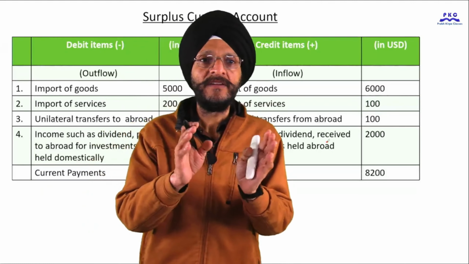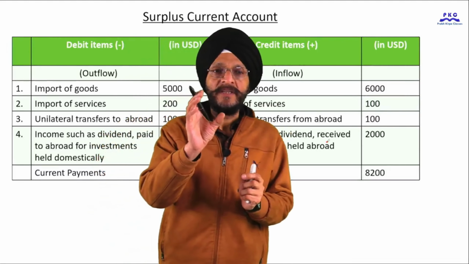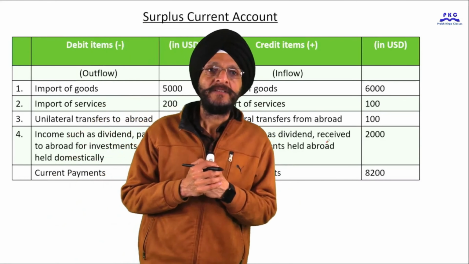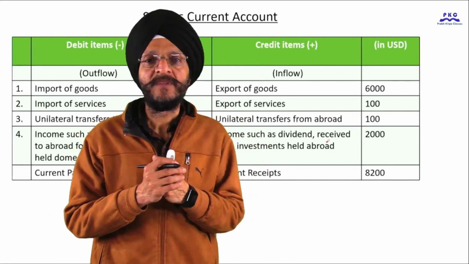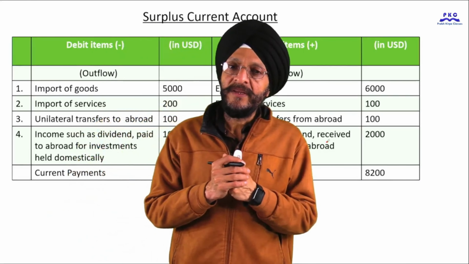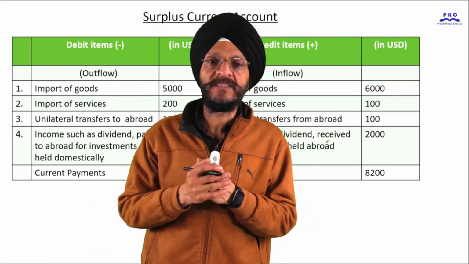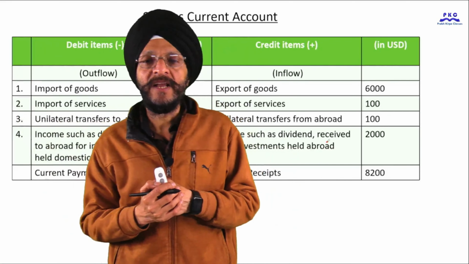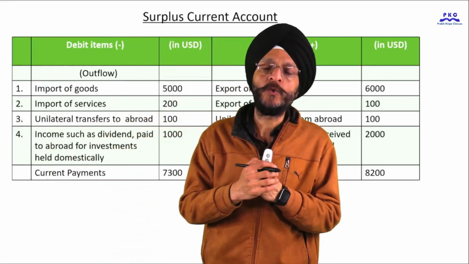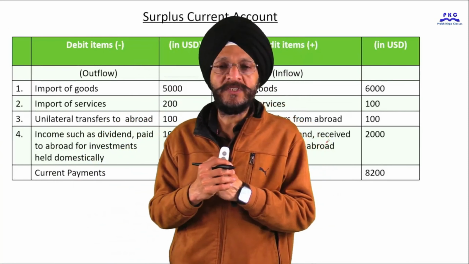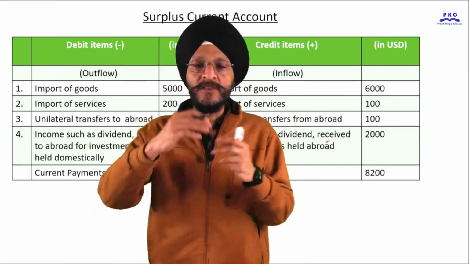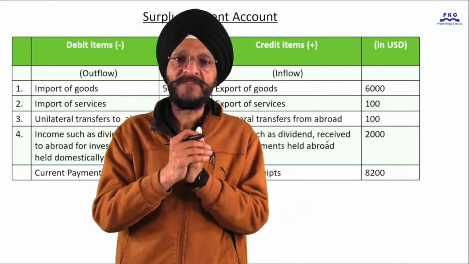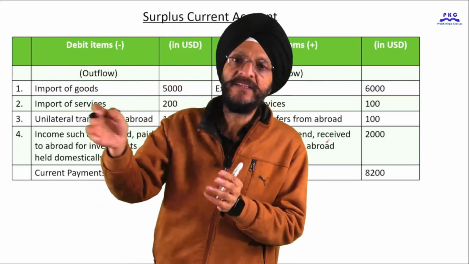We have here formed a table of surplus current account. As you are aware, every country may export certain goods and services and provide the same to the rest of the world, and the said country may also get certain goods and services from the rest of the world. So there is export and import of goods and services between a country and the rest of the world.